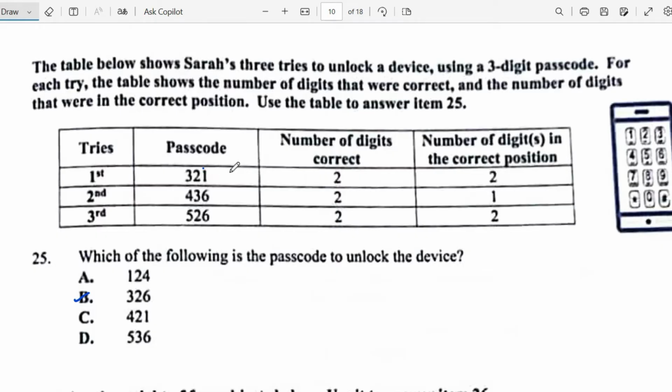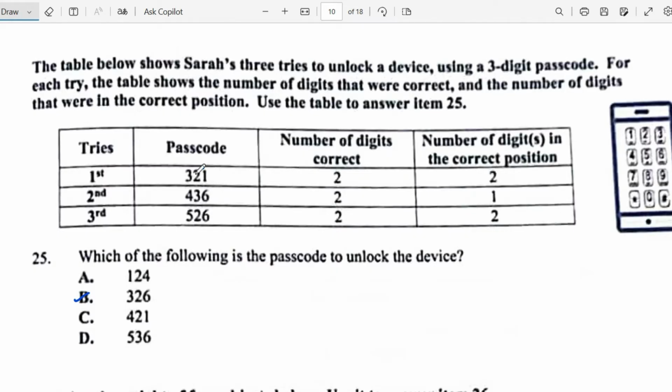So for the first one, there are 2 correct digits and 2 of them are in the correct position. For the second one, there's only 1 digit in the correct position, but there are 2 correct digits. And then for the third code, there are 2 correct digits and 2 of them are in the correct place. So when we look at the code, we can see that based on the 1st and 2nd tries, 2 numbers were in the correct place.